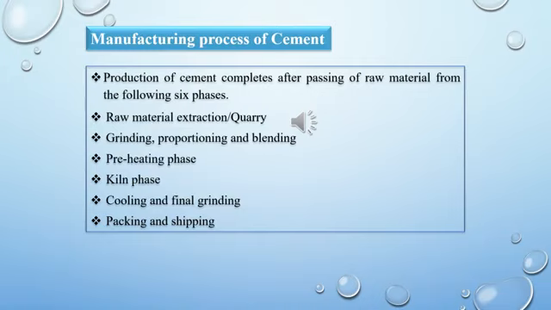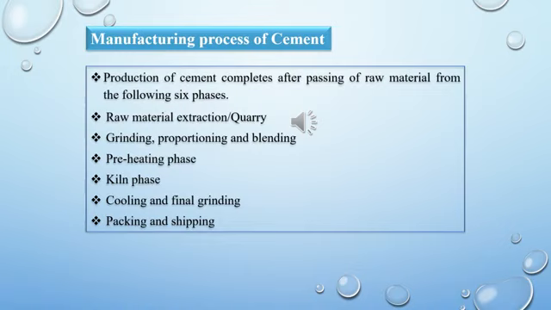And as we know, after that in the industry we use different quality checkers. We check the quality of limestone. So the first phase is quality checkers, where we check the quality of our limestone.